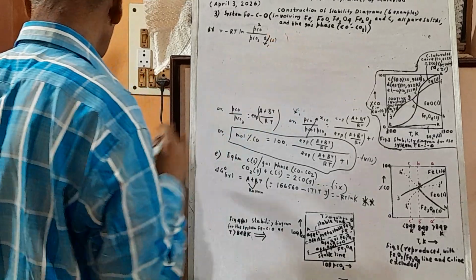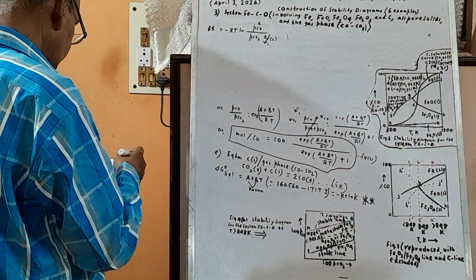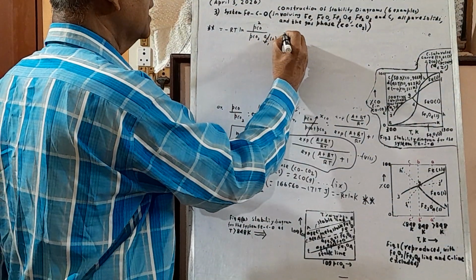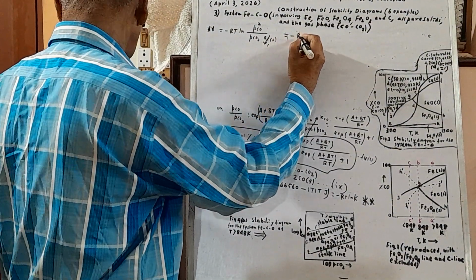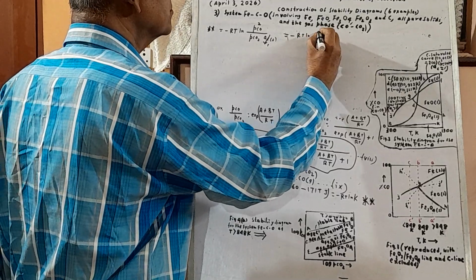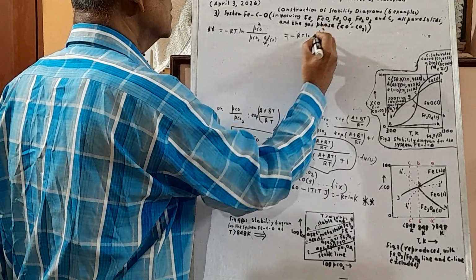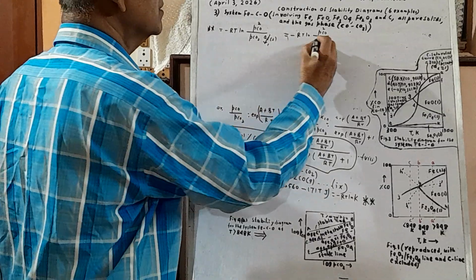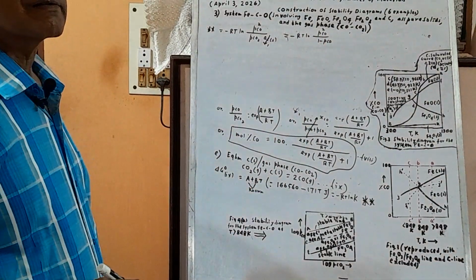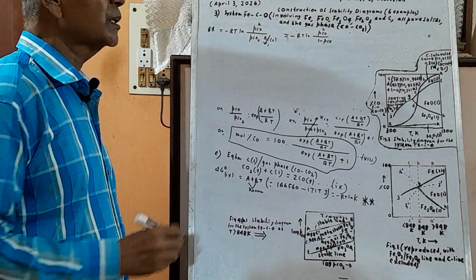Keep on writing this. Continue. RT ln PCO squared over PCO2. What is PCO2? 1 minus PCO. Why?